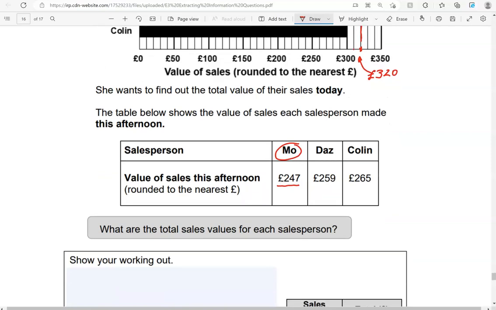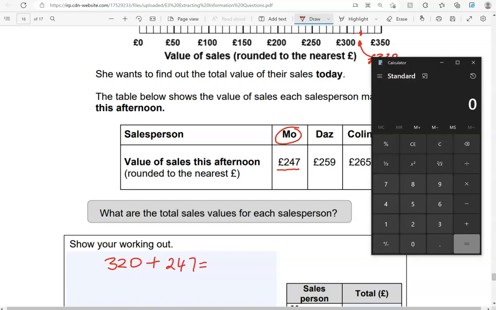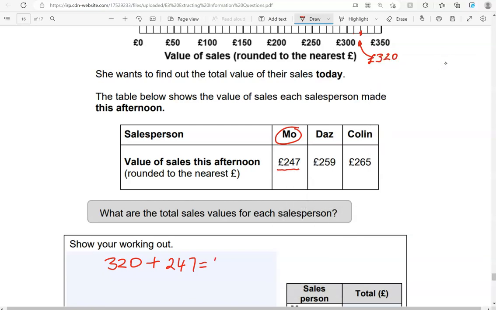So what we're going to do is add 320 and 247, which is 567.